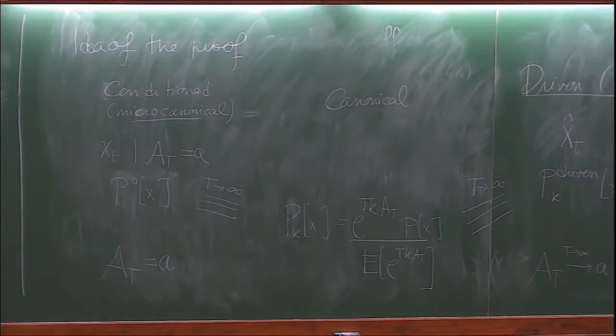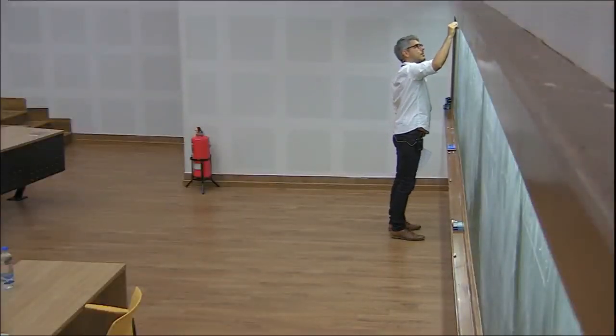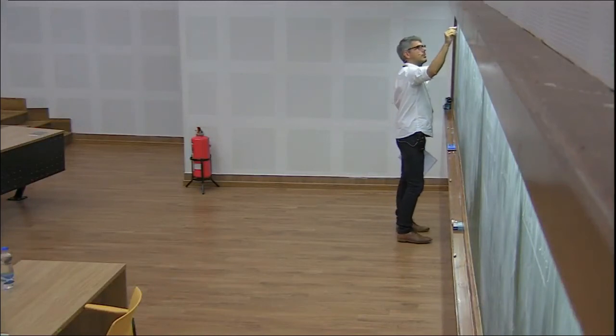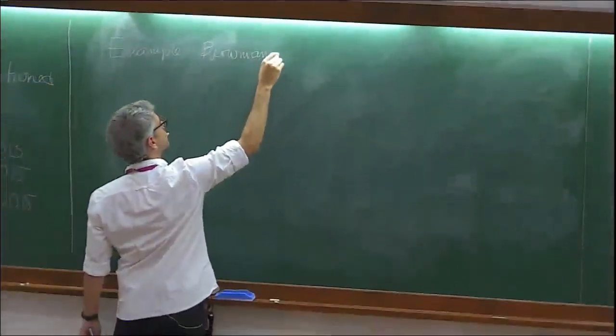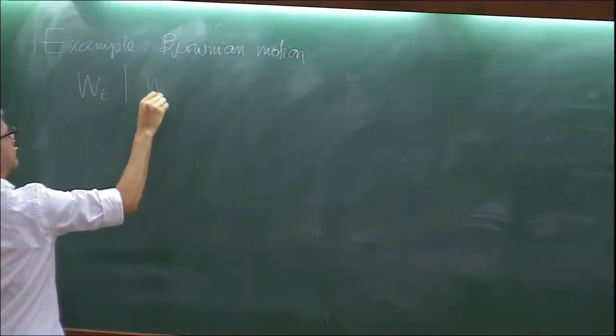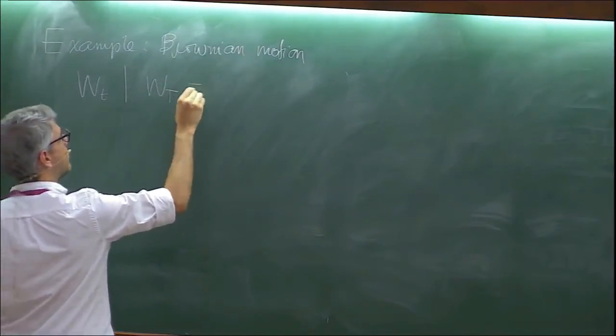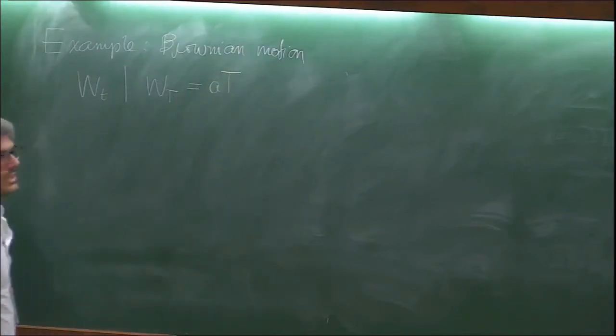The first one is examples. First example is Brownian motion. I want to condition Brownian motion to reach a certain point in time. So that's a bit like Doob. I'm going to take a Brownian motion, and I want that Brownian motion to have a position which grows with time.